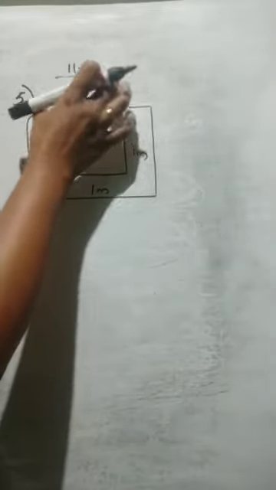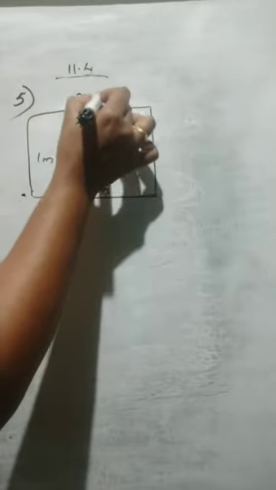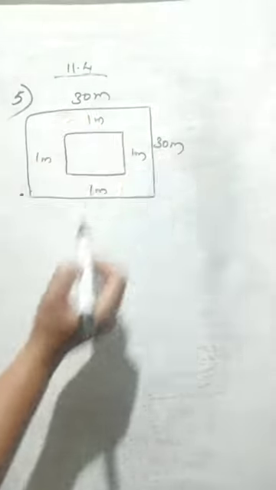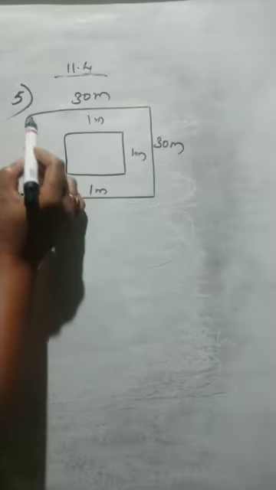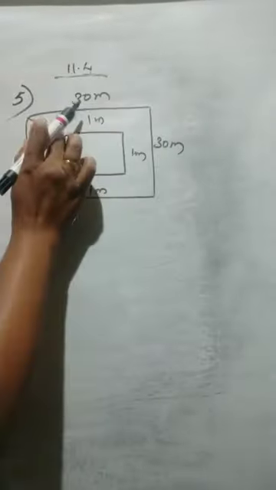Here there was a square that was 30 meter. Here also 30 meter. There was a square garden with 30 meter. They made a path inside this garden, 1 meter wide, on all sides. Okay.